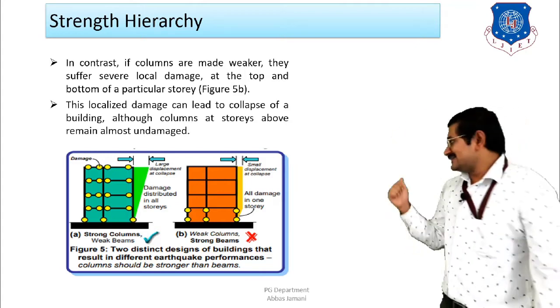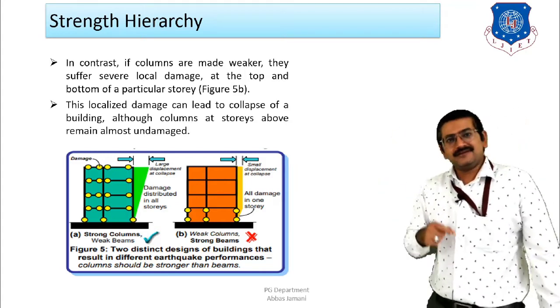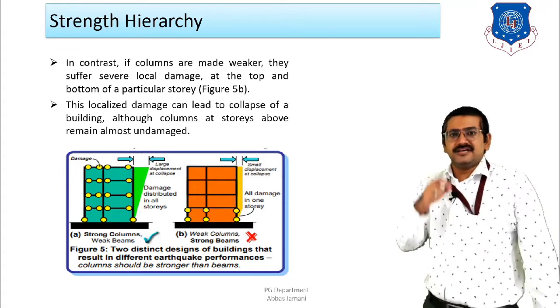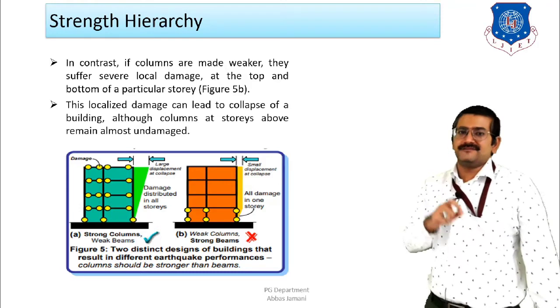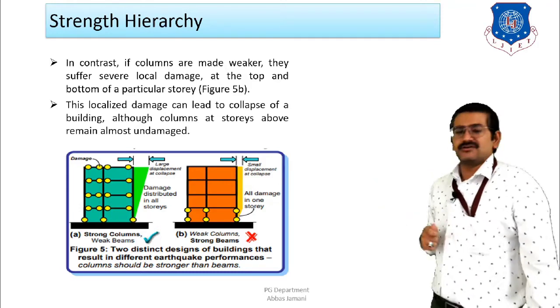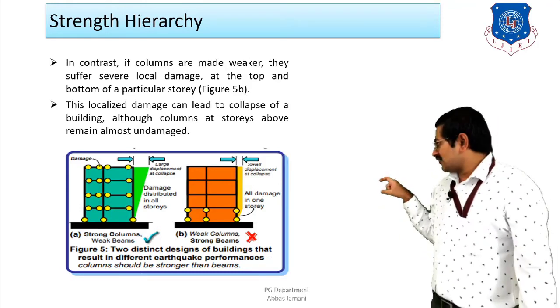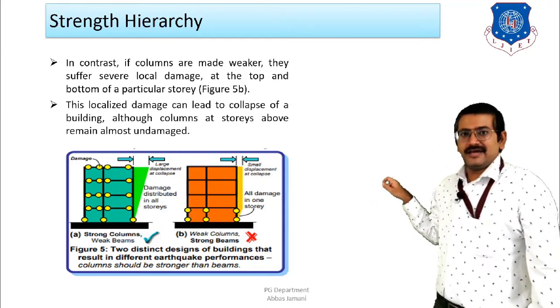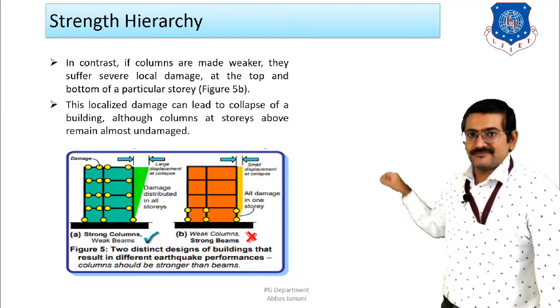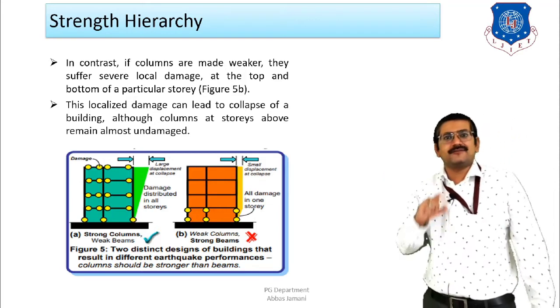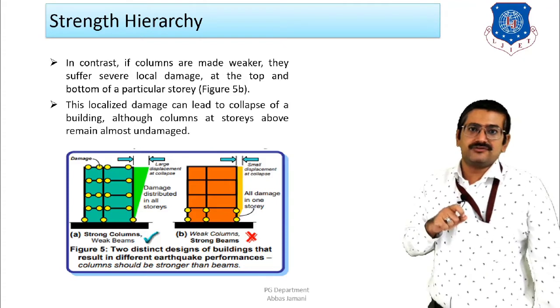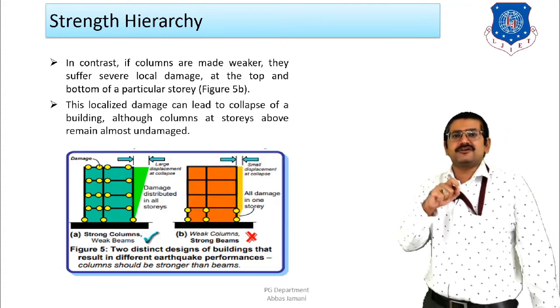But in the second case, the failure or damage or deformation is observed locally in one of the floor heights. As you can see in this figure, the columns of the ground story are having deformation at the bottom and top level. When this type of deformation takes place, it is the deformation of the columns.